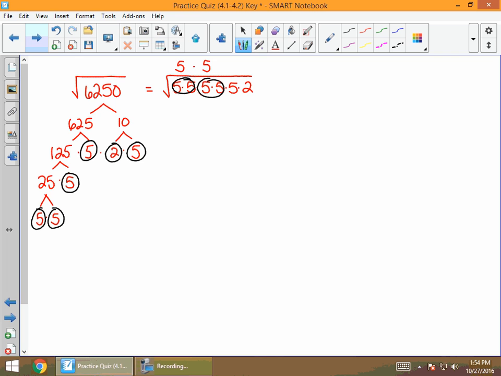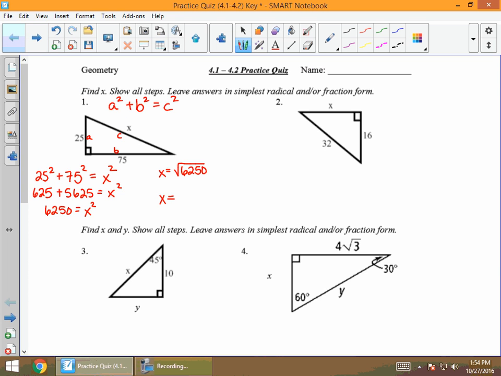And no more groups of 2. So what made it outside of the radical? I see 2 different 5s, so 5 times 5 is 25. And inside the radical, I have 5 times 2, which is 10. So I can finally say that the square root of 6,250 is 25 radical 10.